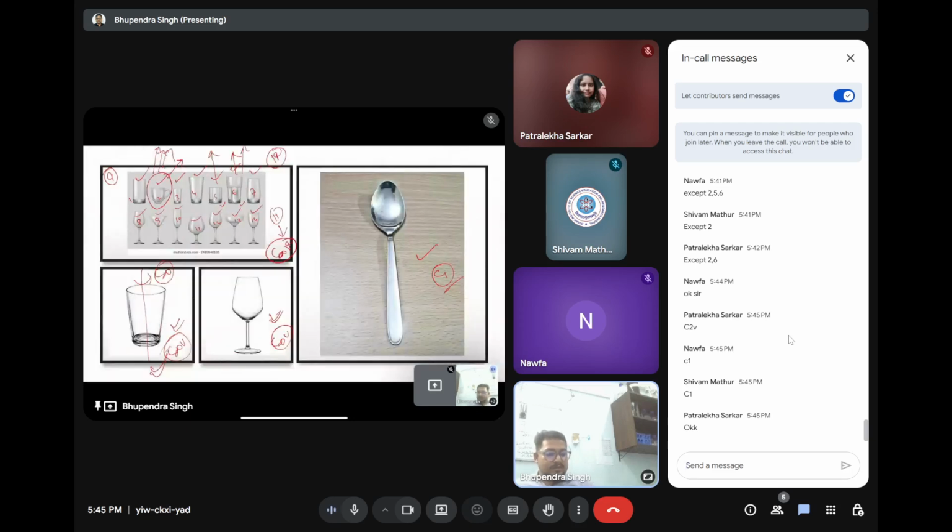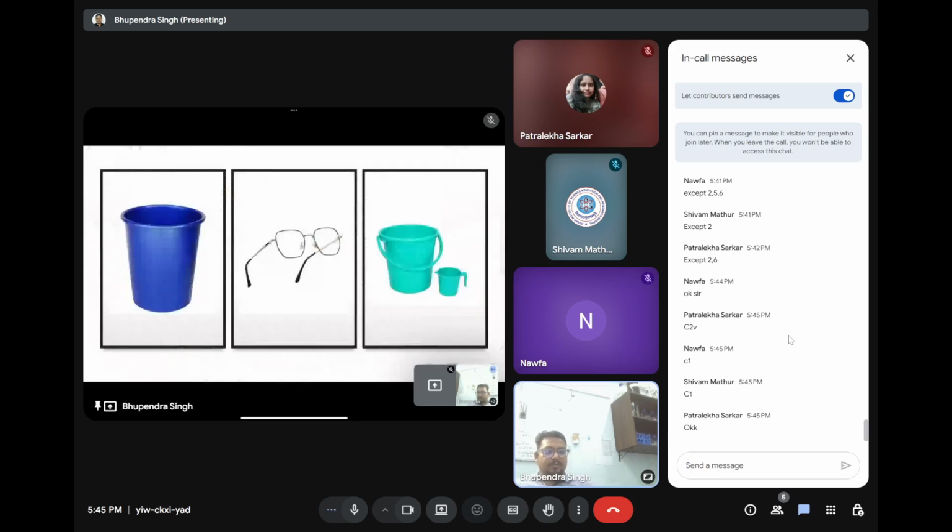Next, moving on. We have done this, right? Okay, moving on. Find the point group of this bucket. Bucket A, bucket B, mug C. So point group of bucket A. Or you call this not the bucket but dustbin.